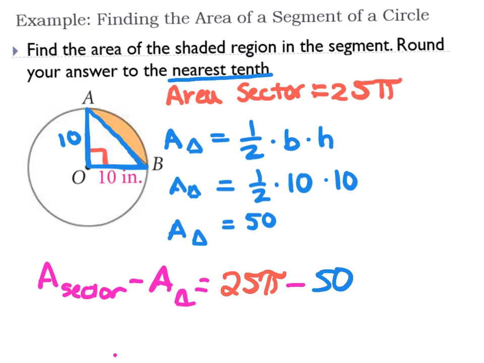So if I plug that in the calculator, 25 pi minus 50 gives us the value of 28.5 inches squared because it's area.